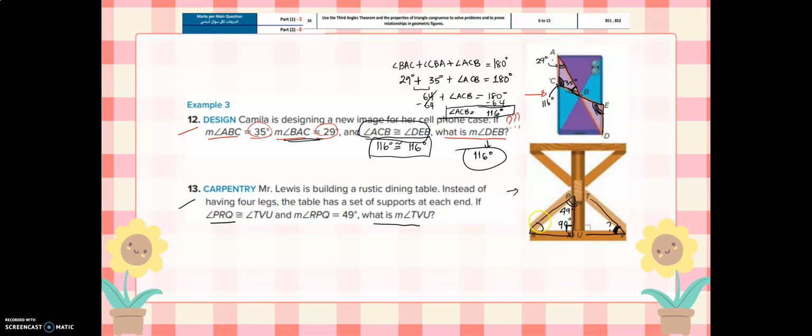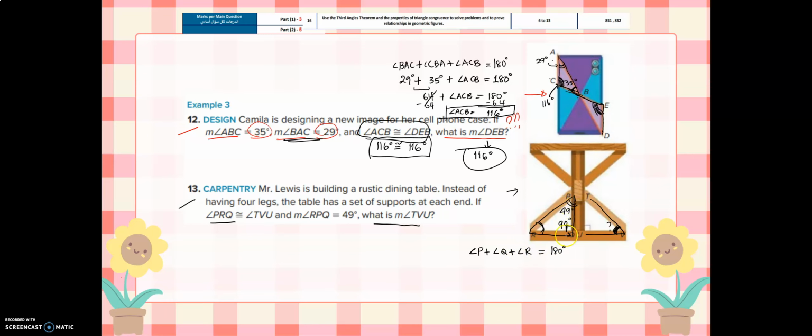Now we can find the measure of angle PRQ using the triangle angle sum theorem. So we have here angle P plus angle Q plus angle R is equal to 180 degrees.